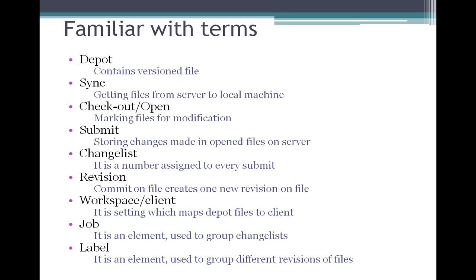With the change list number, you can compare whether this change list was checked in first or the other change list was checked in first. So the change list number is nothing but the number assigned for each submission, in sequential order by time. If I check in the first time, it is number 1, and for the second check-in, it will be number 2, like that.